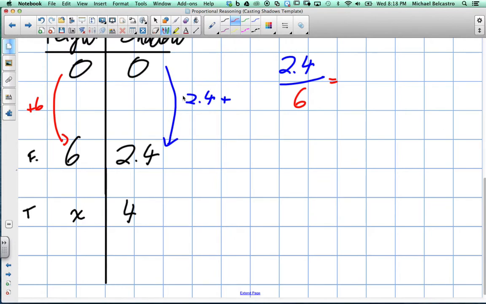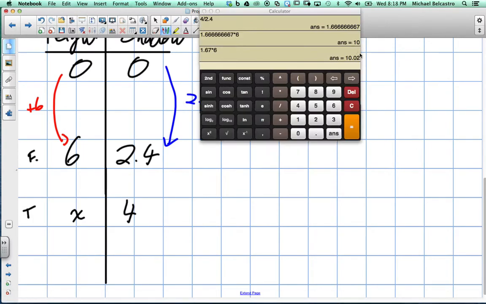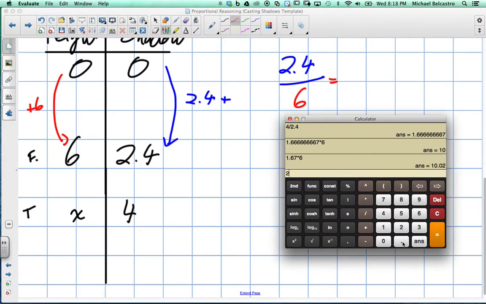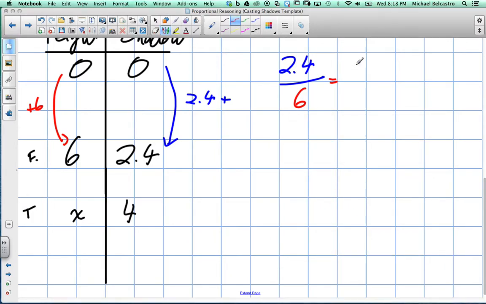When we divide these values, we'll take out our calculator here: 2.4 divided by 6 equals 0.4. So what we've just figured out is we get 0.4. Great, we increase shadows by 0.4, but what's our height increasing by in these cases?